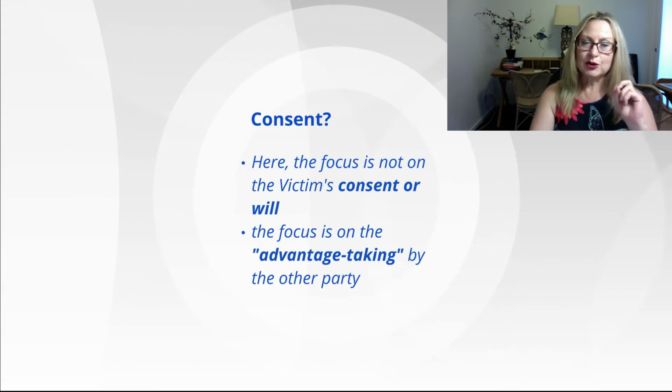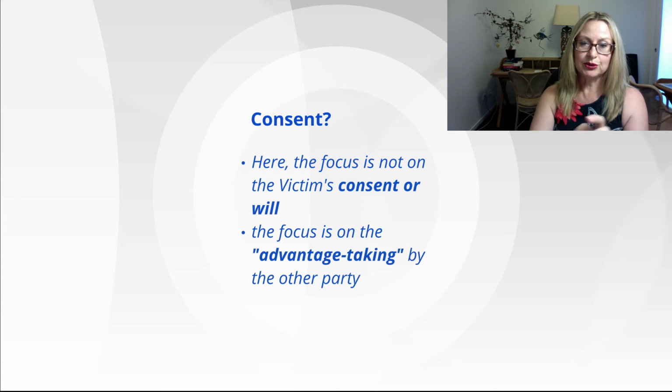So the focus is not really on consent here, a little bit like when we were talking about Section 18 of the Australian Consumer Law that looks at misleading or deceptive conduct. The focus is not on the victim here. The focus is on the person that is doing the conduct, that is taking advantage.